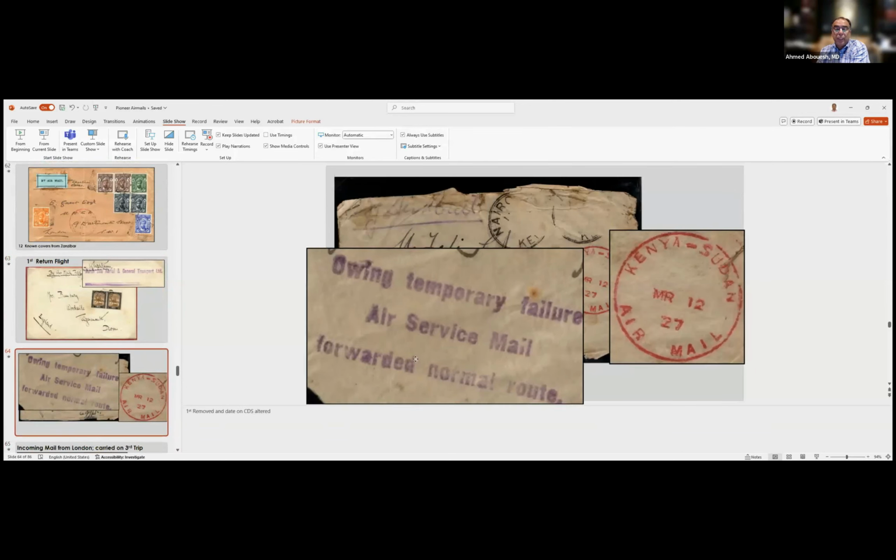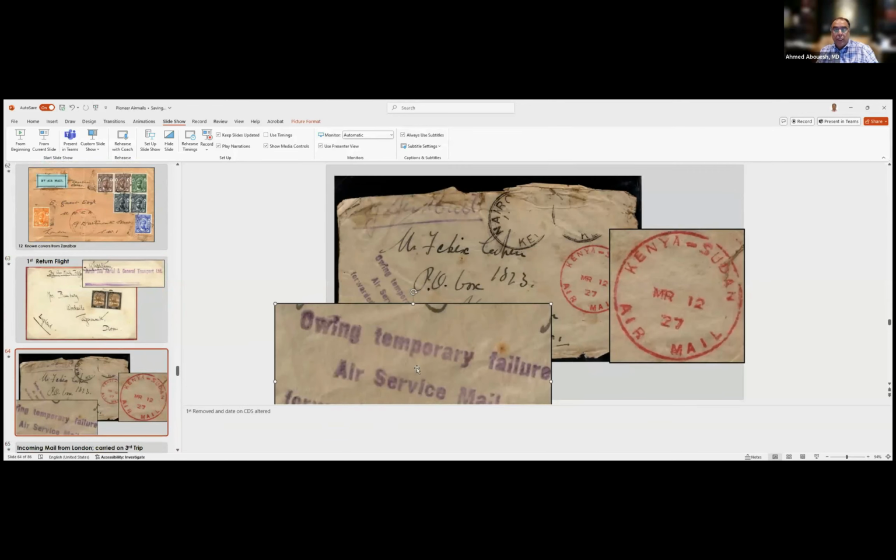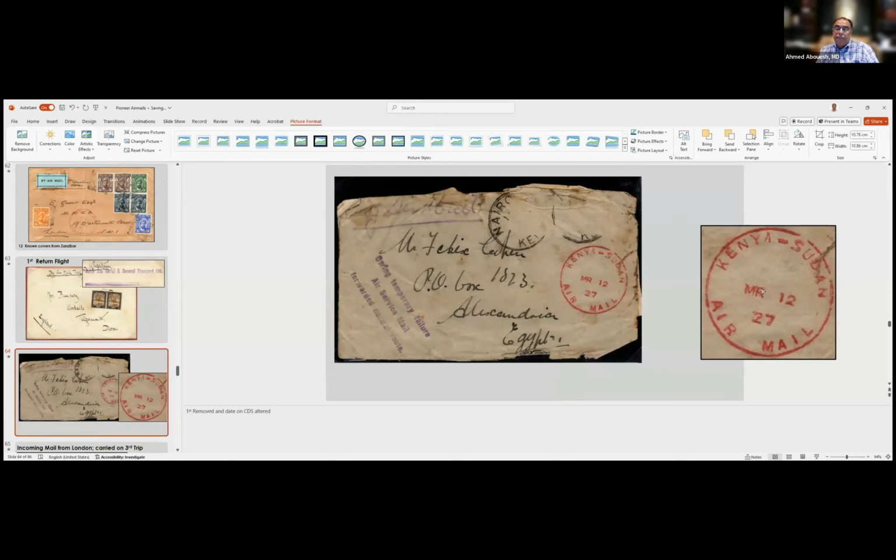This was supposed to be a fly-in, I apologize. But this is a crash cover from flight number 2. Again, you'll notice the cache here, Kenya, Sudan, but the first flight annotation is removed. And owing to temporary failure, Air Service Mail forwarded the normal route.